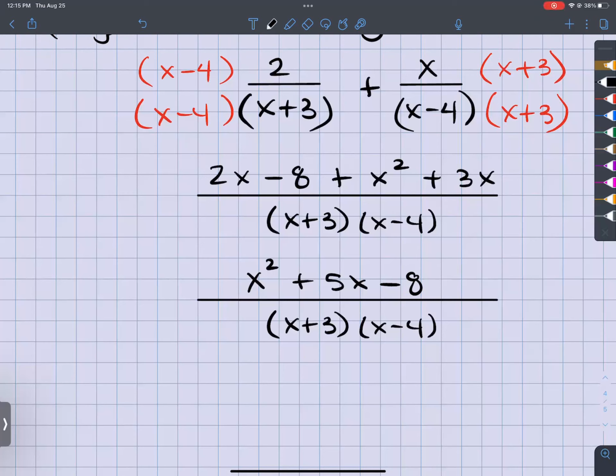I cannot. Or can I? I don't think so. I can't find two numbers multiplied together to give me -8, but added together to give me 5. Is that right? Okay. Then I'm done.